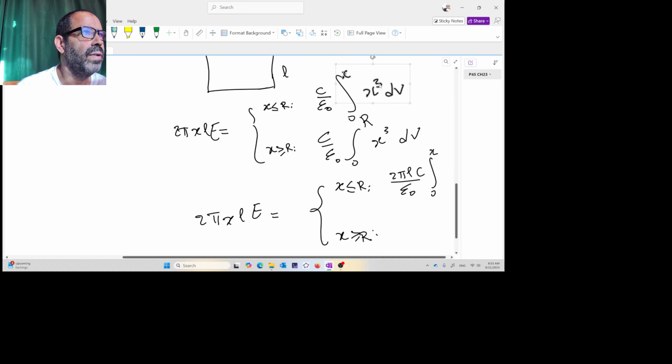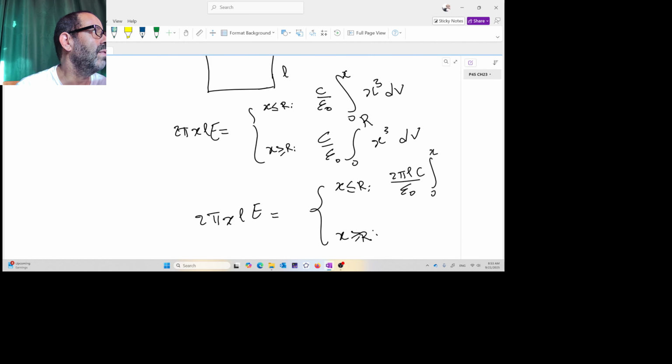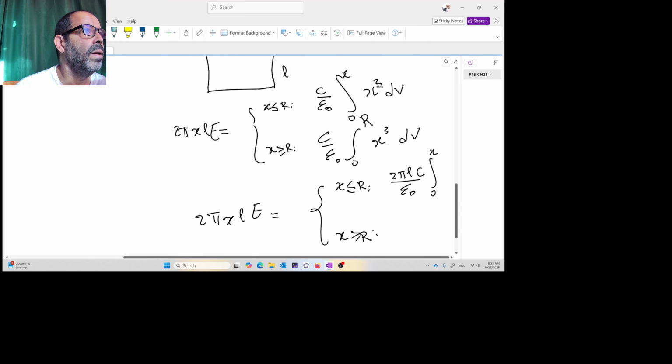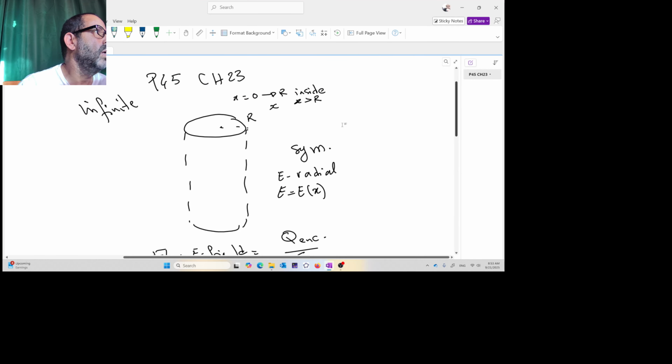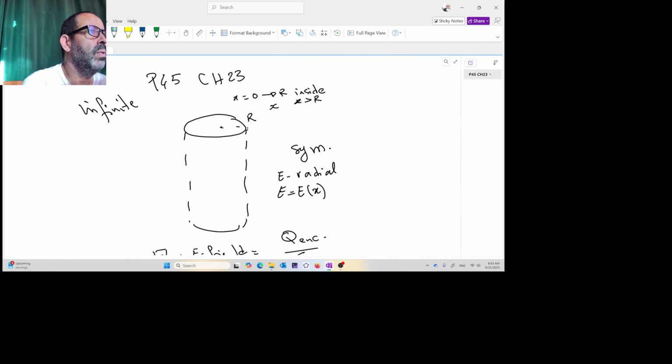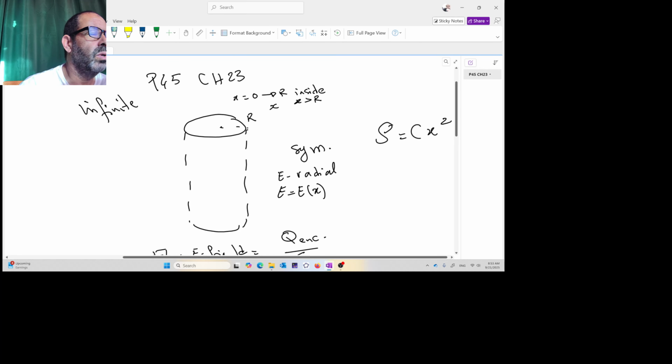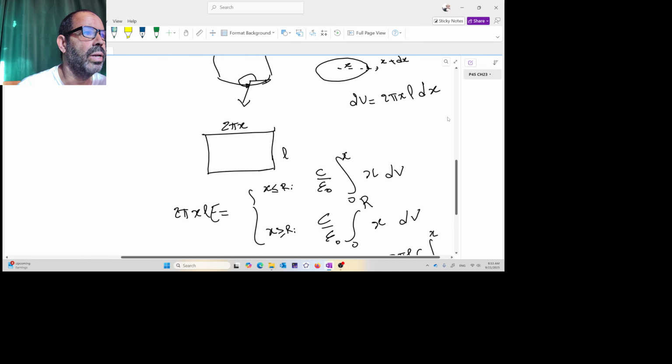The value of rho in this problem, rho is actually c x squared. Rho was given to be c x squared. So I need to be careful in here. I was anticipating an x cubed, that's why I had the x cubed in there. So it's an x squared in here.